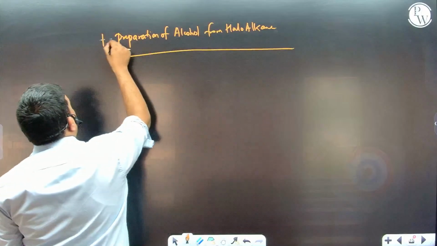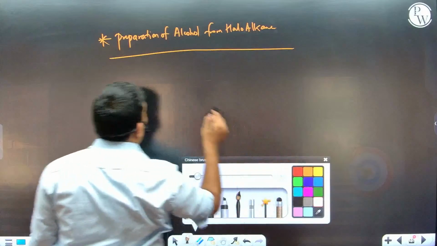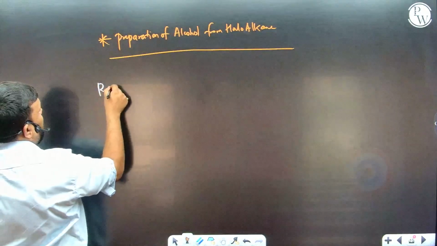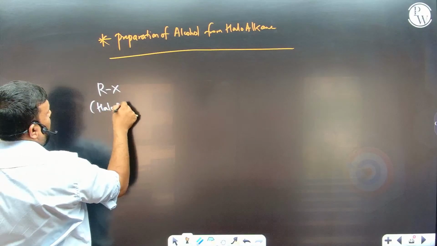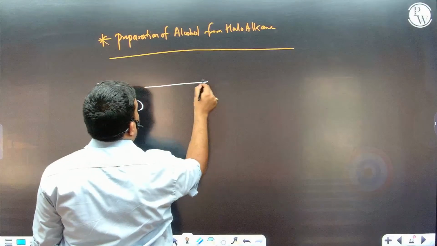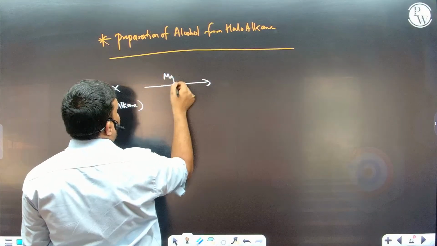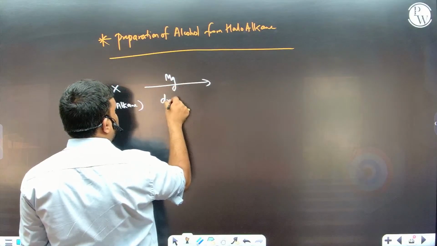You can treat it as a reaction of haloalkane, as well as a preparation of alcohol. So what is going to happen? Suppose we have RX haloalkane, and we are reacting it with Mg to prepare the Grignard reagent, Mg in presence of dry ether.